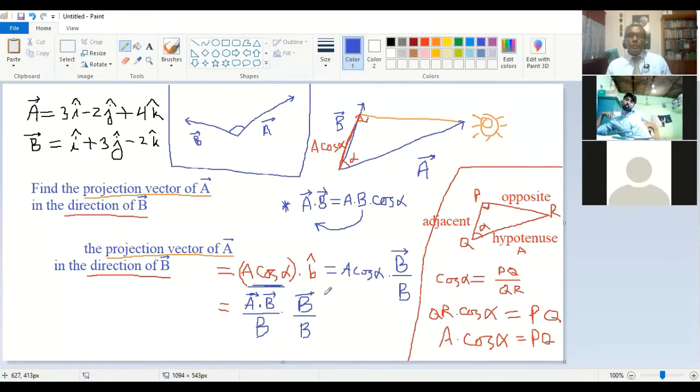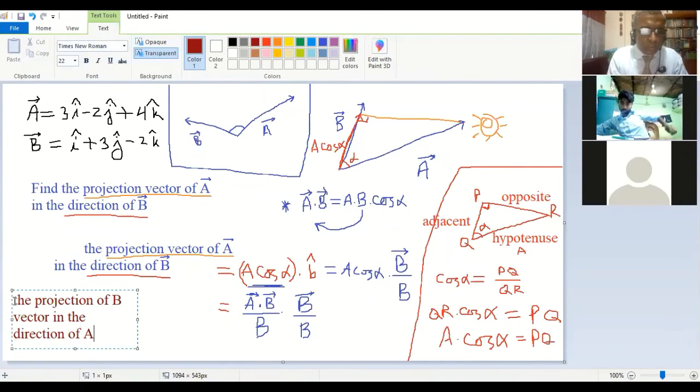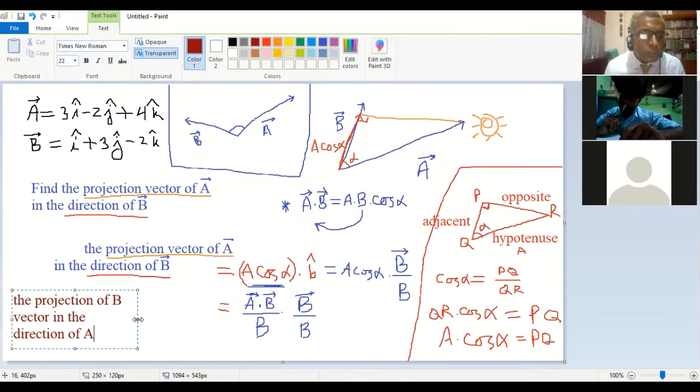So all will be opposite if you want to find the projection of B vector in the direction of A. You will do the calculation in the opposite way.